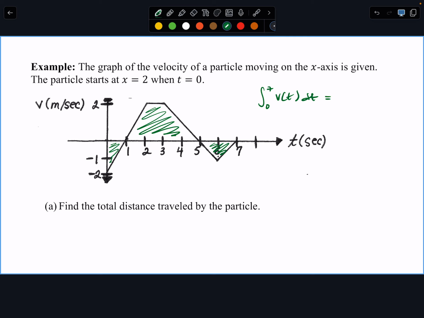And that would end up representing whatever x of 7 minus x of 0 is.